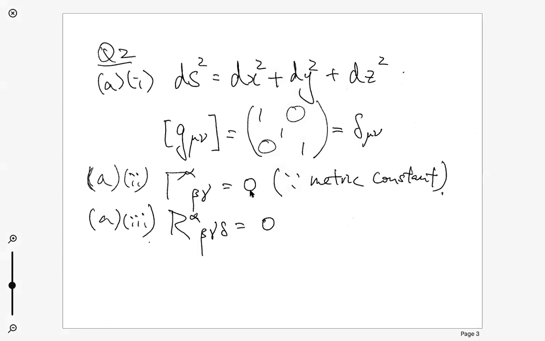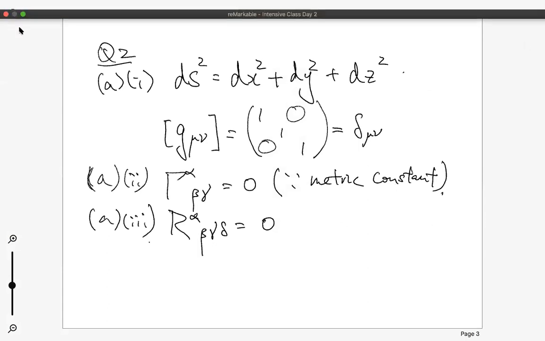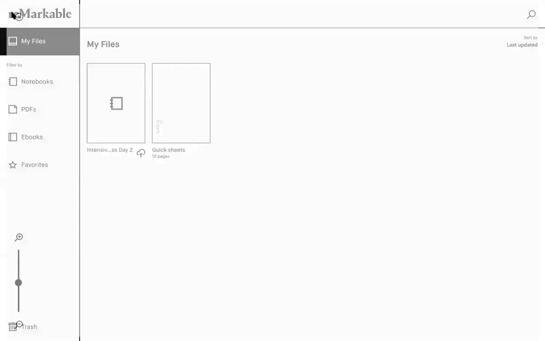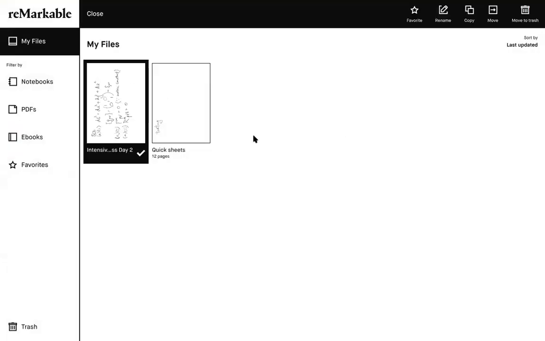But what about part B? Now we have come to part B, which asks about the spherical coordinates. Can anyone quickly tell me what is the line element if we change the coordinate system to the spherical one? Or actually, you guys can just unmute yourself and speak up.